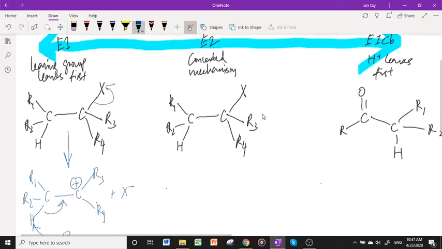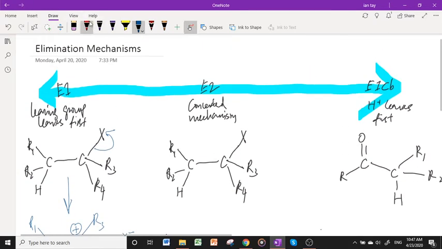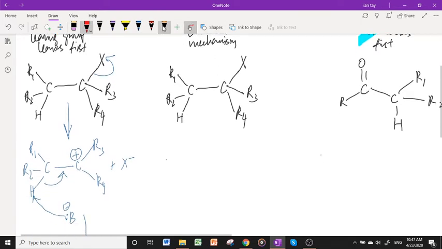Okay, so let us take a look next at the E2 mechanism to see how it differs from the E1 mechanism. It's actually that the base comes to deprotonate this, remove this hydrogen, and the leaving group leaves at the same time, in one concerted step.